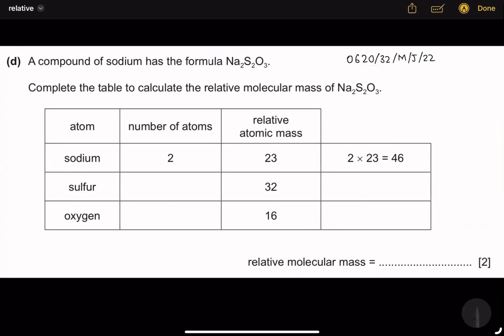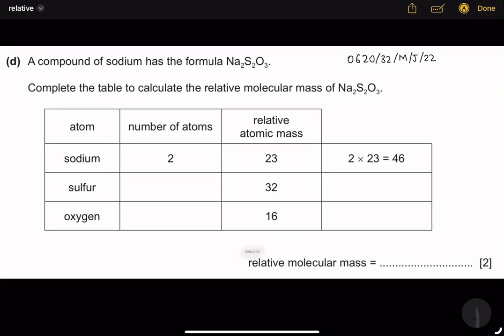Okay, we have the similar type of calculating the relative molecular mass. We have 2 atoms of sulfur. 2 times 32 is equal to 64. And we have 3 atoms of oxygen. So 16 times 3 is equal to 48.